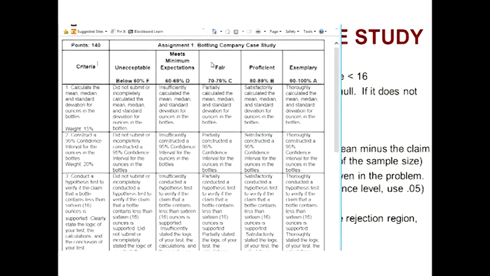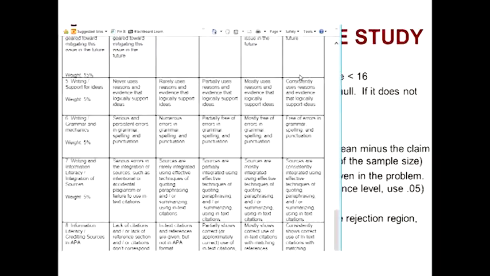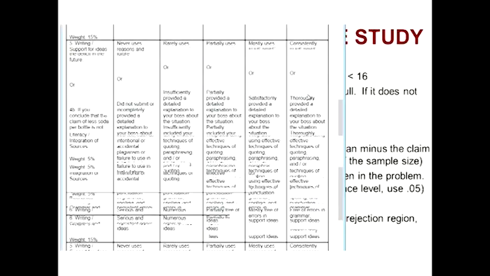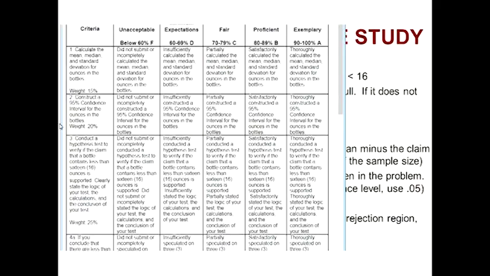So here's the rubric. There are 9 categories, each of which carries like 15%.